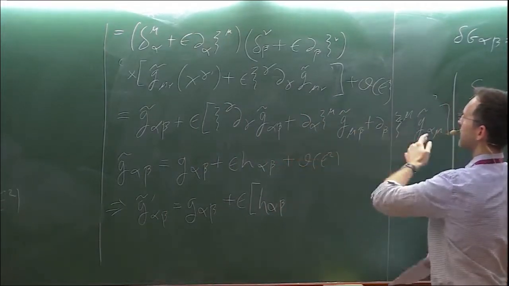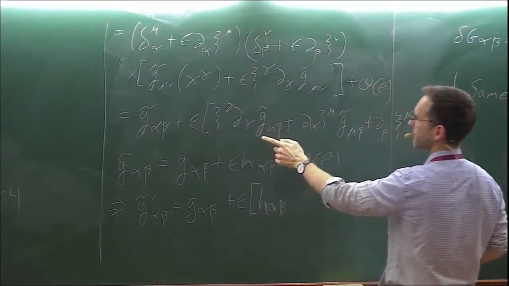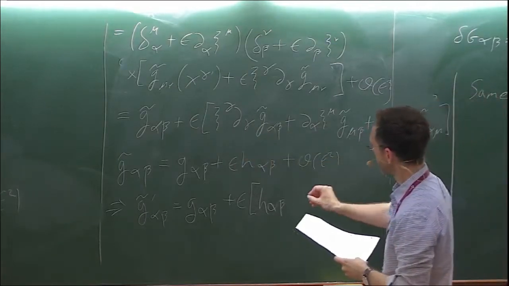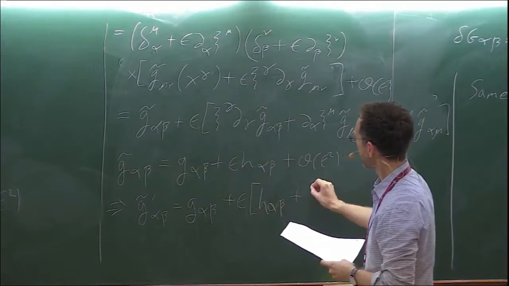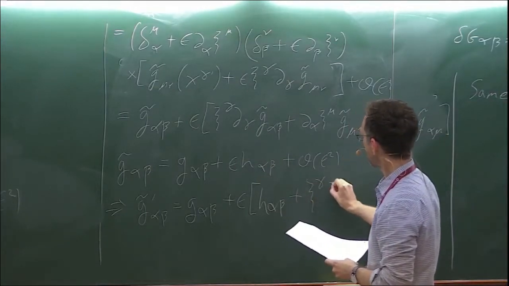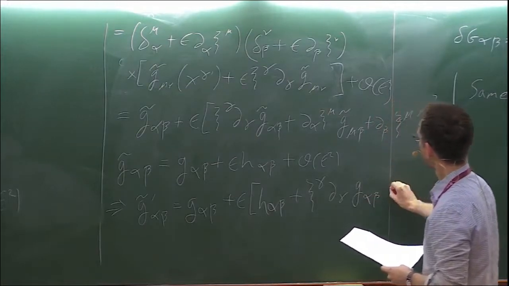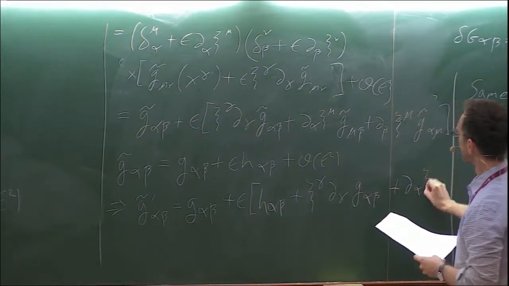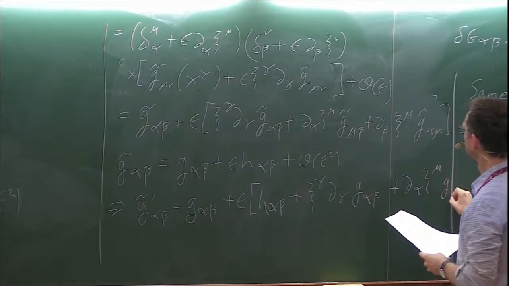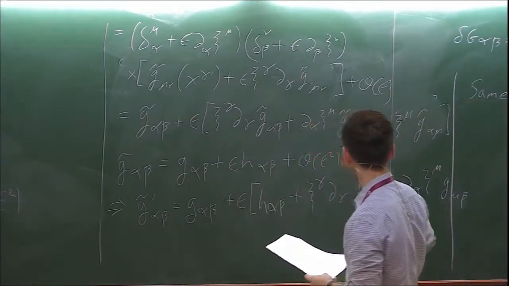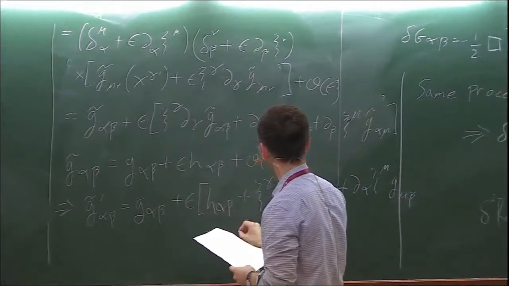Now, this whole piece is already multiplied by epsilon, so here I can just replace g tilde with g, because the correction is higher order. So we have h alpha beta plus xi gamma, partial gamma, background g, plus the derivatives of the gauge vector times the background g.